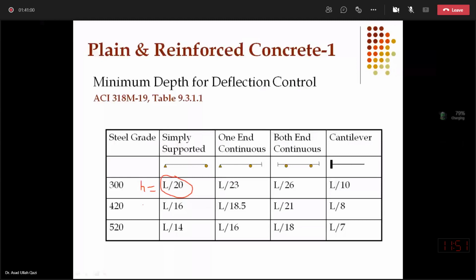So h will depend on span of the beam divided by 20. But for grade 420, the required depth will get bigger because the denominator is reduced. And for grade 520, it is even further reduced. So it seems that with high grade steel, you require more depth to control the deflections in reinforced concrete beams.